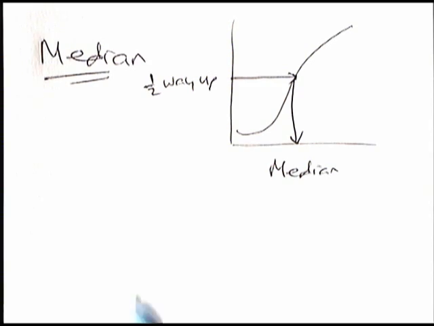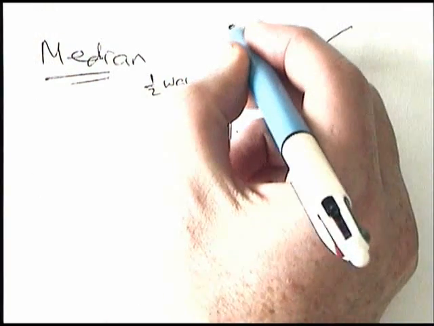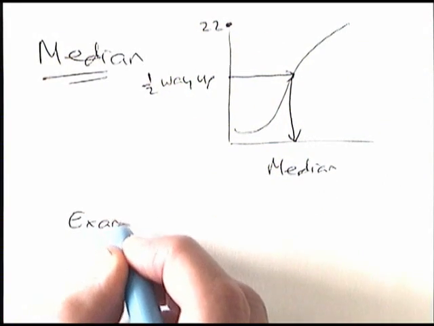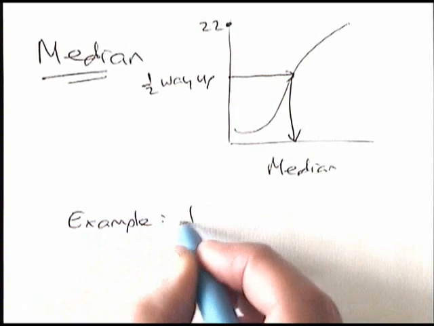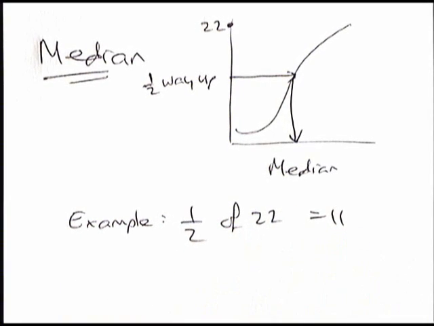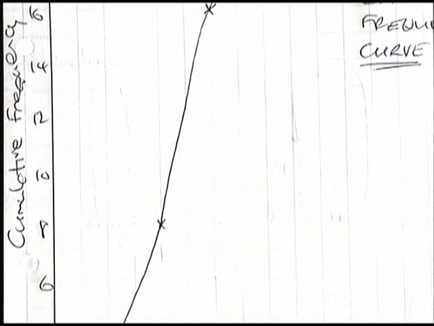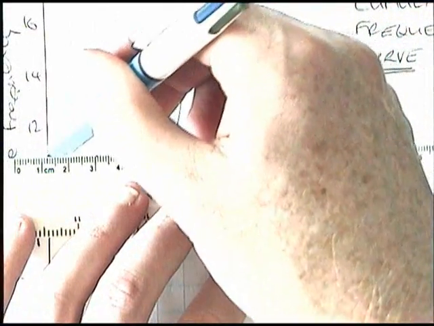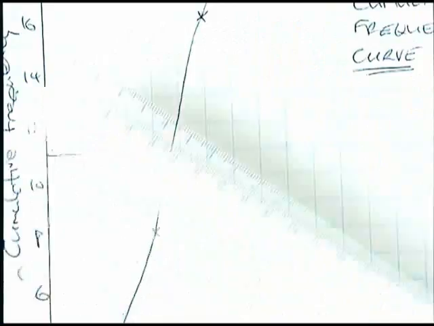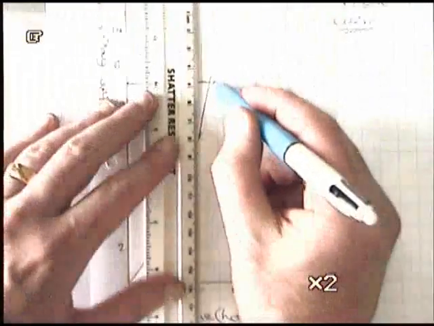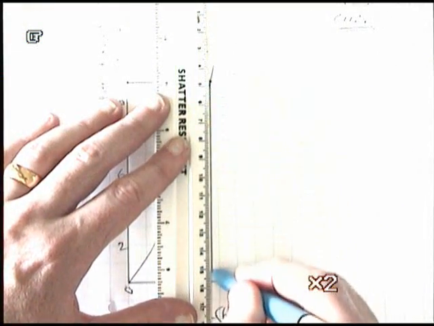And now in our example, our highest number was 22. So in our example, can you write this down in your book as well please? We need to do half of 22, that's 11. So if you write that down, and then go to your curve, find 11, and then go along until you reach your curve, and from there you go down to the bottom axis.